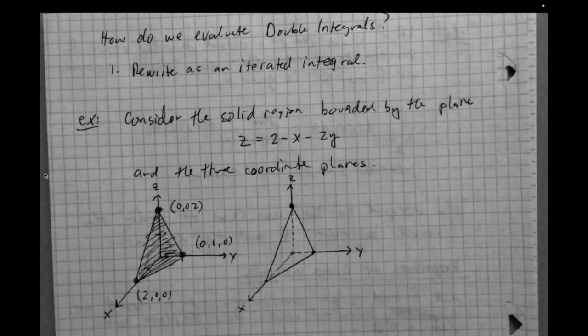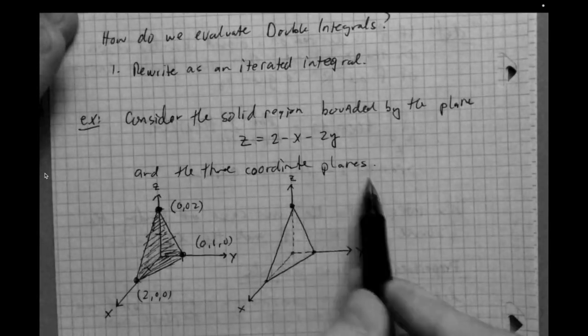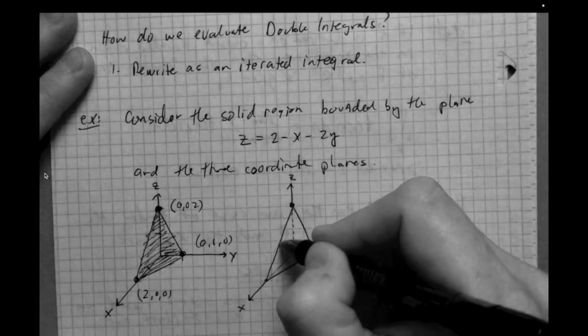Right, now the way we're going to think about it is we're going to drop a vertical cross section onto this three-dimensional figure, and we're going to drop the vertical cross section so that it's parallel to the YZ plane. Okay, and so you can imagine what that would look like.